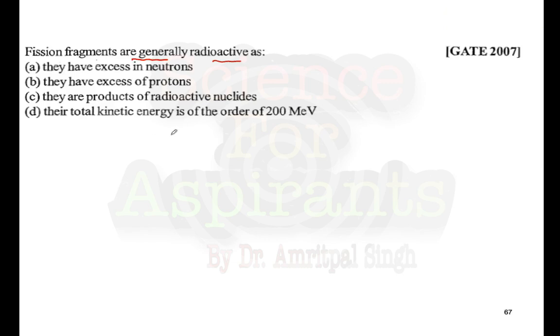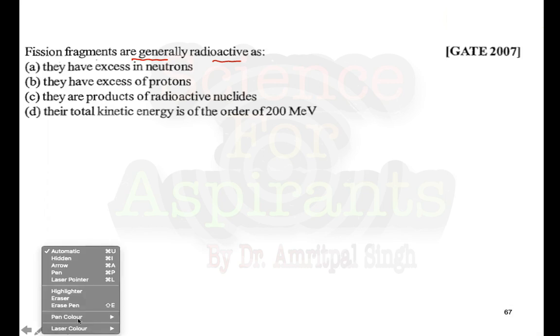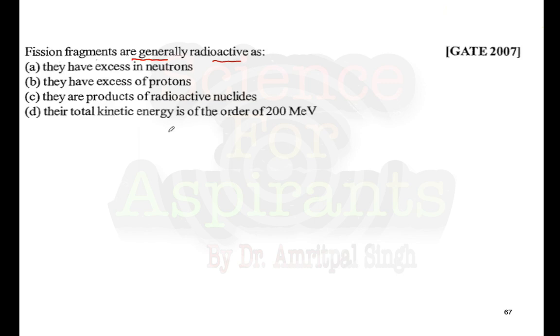Anyone? Are you listening to me? Yes, sir. So what will be the answer for this question? Option A. I think option D. Sorry? Option A. They have excess neutrons.